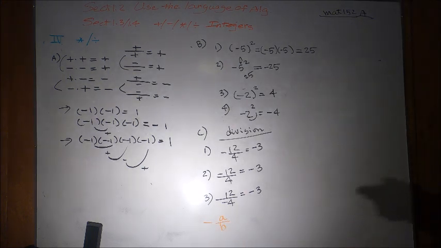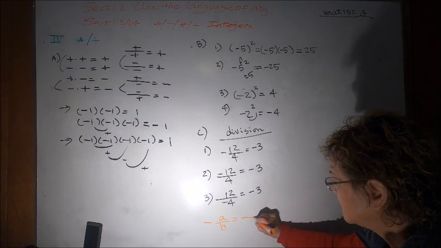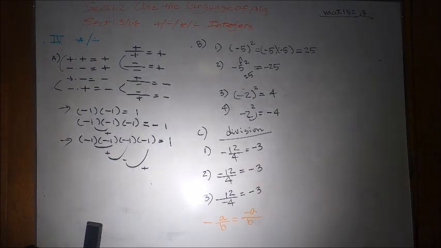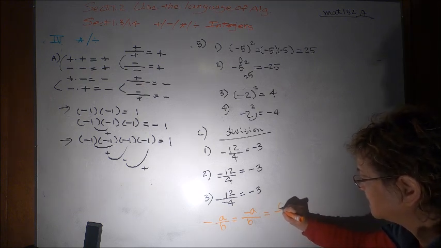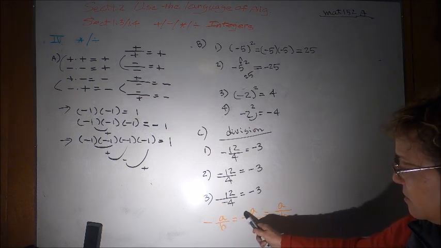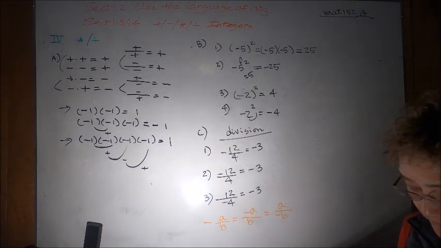A and B mean what? Numbers. Letters mean numbers, right? The same thing you put on the top, or the same thing you put on the bottom, right? So your negative can be on the side, on the top, on the bottom. They all mean the same thing.